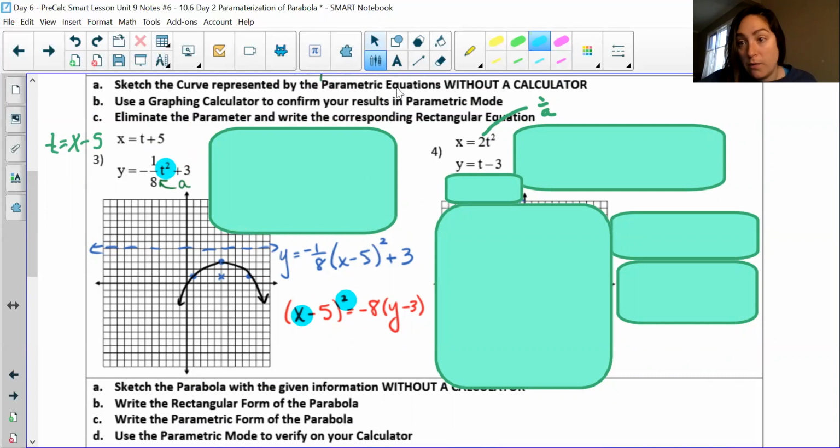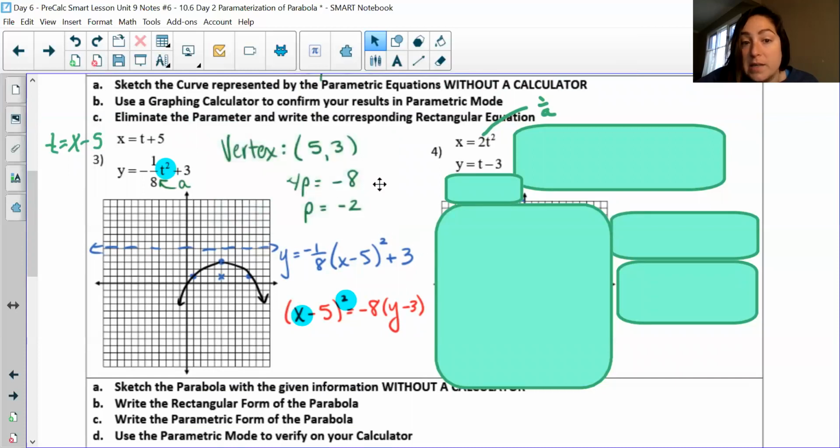Using these patterns, our vertex is at (5, 3), and our coefficient of t squared is always the reciprocal of 4p. So that means 4p is equal to -8, so our p-value is -2. So we go with our vertex, down 2, et cetera, and from our information we can create our equation.